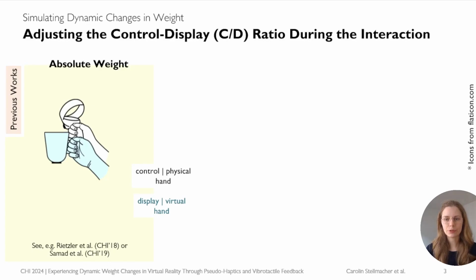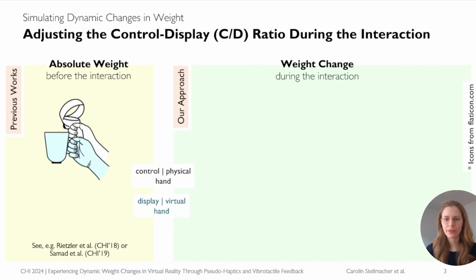For simulating absolute weights in VR, this manipulation of the CD ratio is done before the interaction. It then either amplifies or compresses the arm movement when lifting the object. In our novel approach for simulating changes in weight, we go beyond this and manipulate the CD ratio during the interaction.